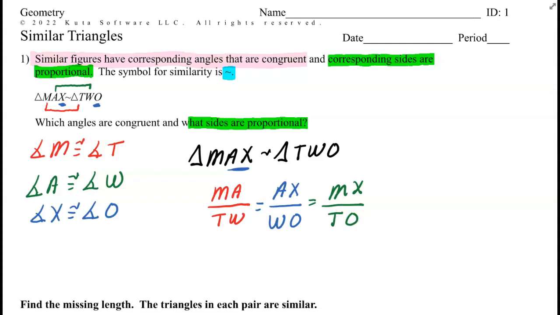So just to recap, MA over TW, the first 2 letters over the first 2 letters. Then AX over WO, the second 2 letters over the second 2 letters. And then the third one is MX, the outside letters, over TO, the outside letters.